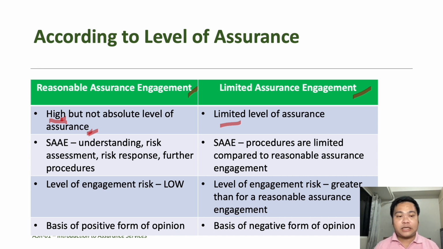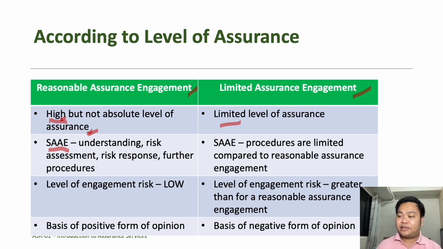Now, what causes the difference between the level of assurance provided? Answer: the amount of procedures performed, or the extent of procedures performed. Usually in a reasonable assurance engagement, we perform more extensive procedures. The sufficient and appropriate assurance evidence that we have obtained, SAAE, stands for sufficient and appropriate assurance evidence.